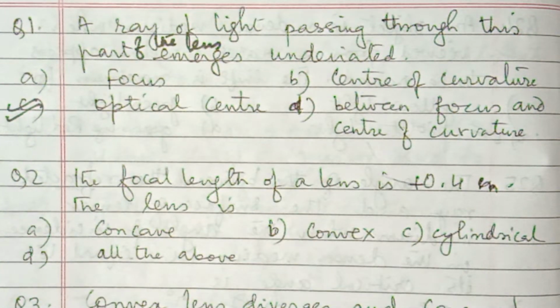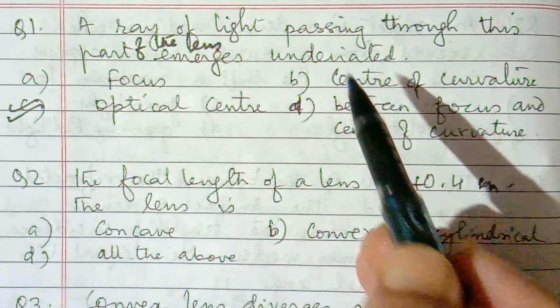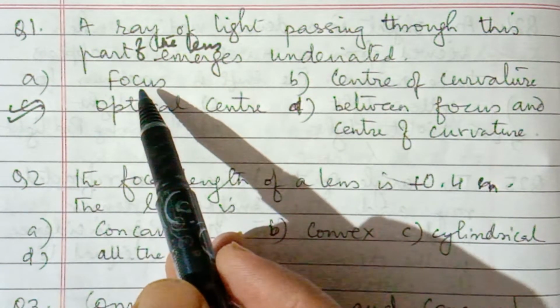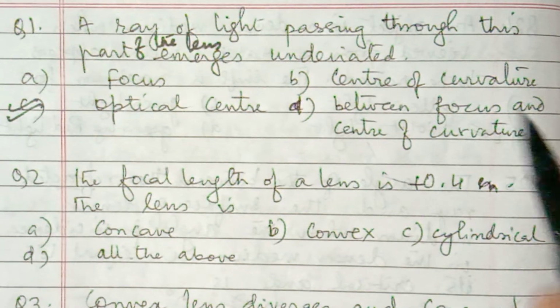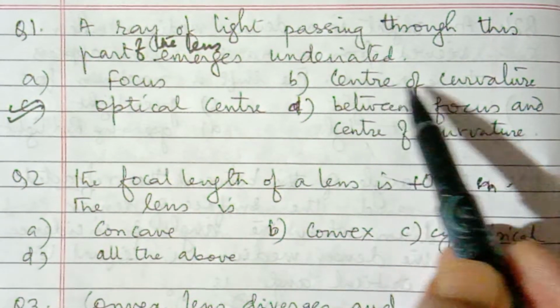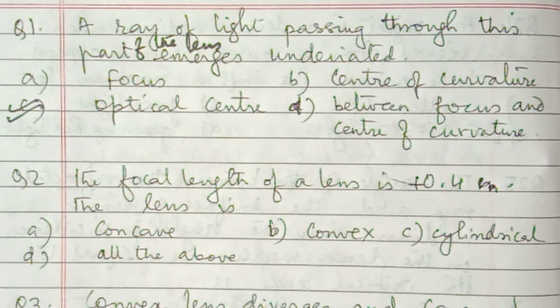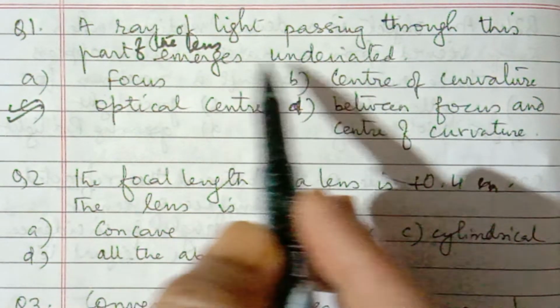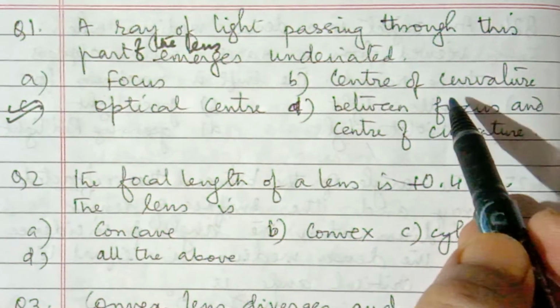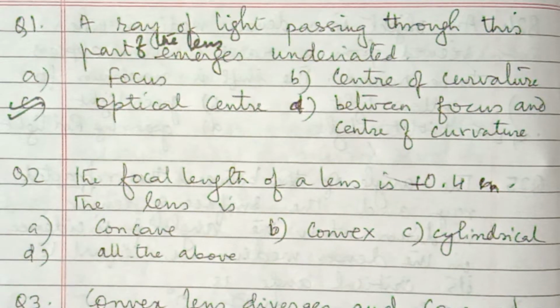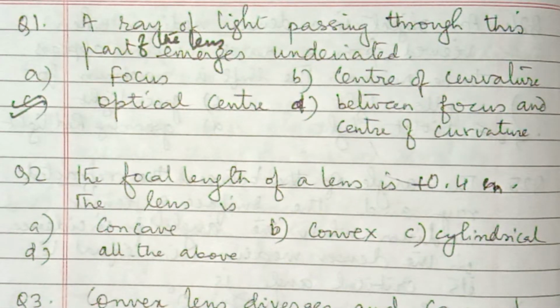So option C is correct, because when the ray passes through focus, then it becomes parallel after refraction, and if it goes from center of curvature, it will not go undeviated.